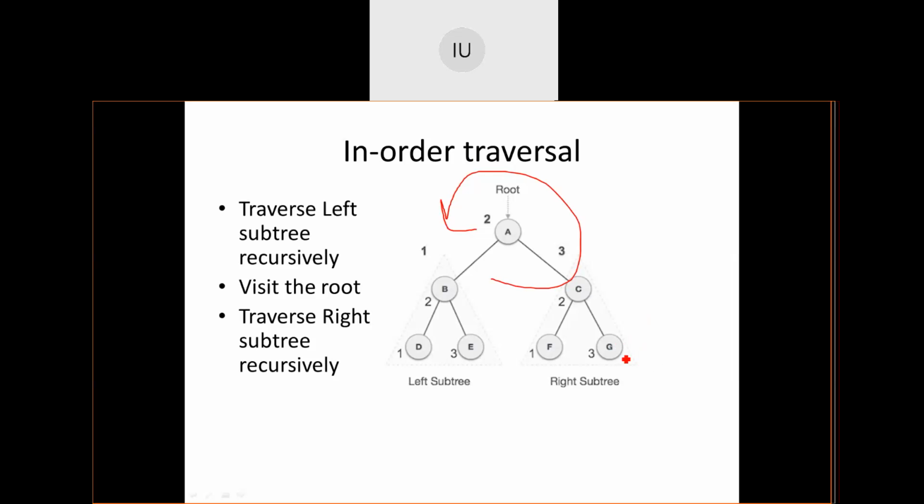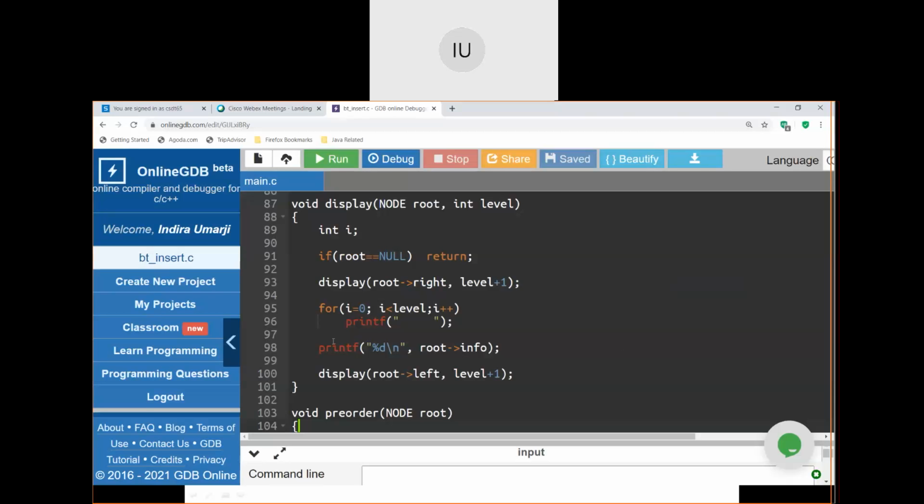And when I go back to the function, 3 is the level. i is equal to 0; i less than 3; i plus plus. Every time those many number of spaces are left. So every value of i, I am leaving 4 spaces. It means, if this is the console, this is the first column.